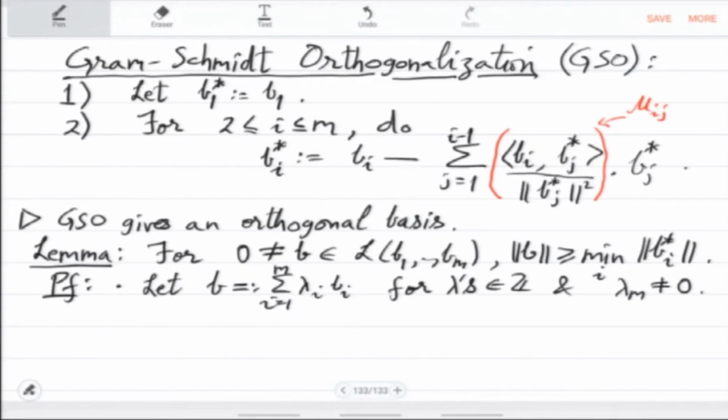Let us now use the GSO basis. So let us write B as lambda 1 B1 star, because B1 star is B1. What is B2? B2 is B2 star plus mu 21 B1 star.